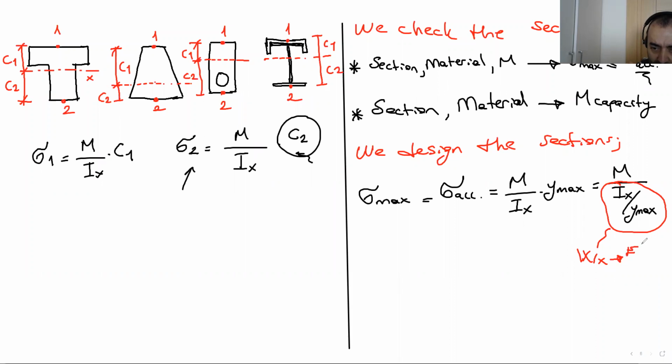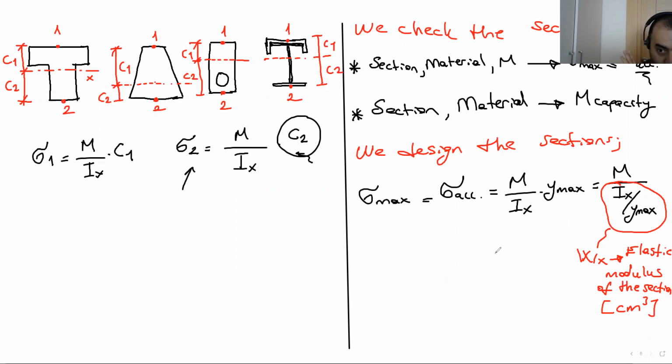Wx is the elastic section modulus. Remember, it was in centimeter cube. So to make a section design, here we don't know the dimensions of the section.